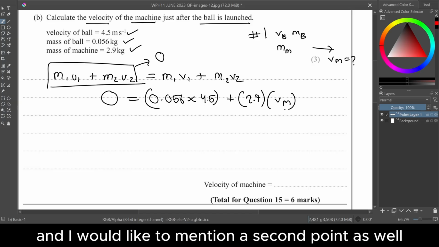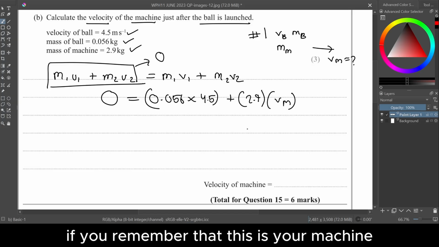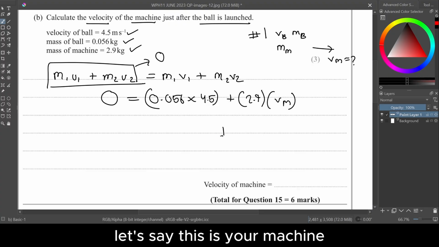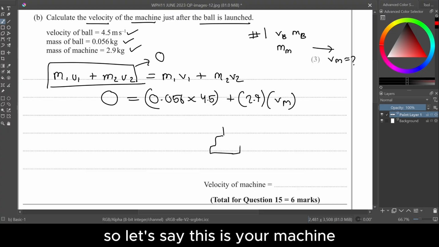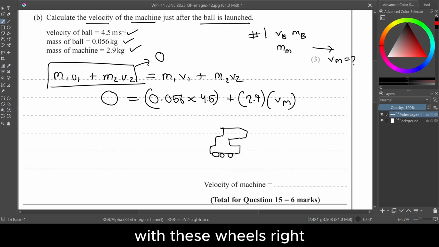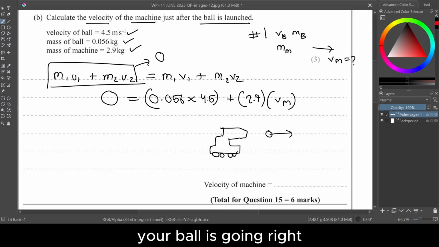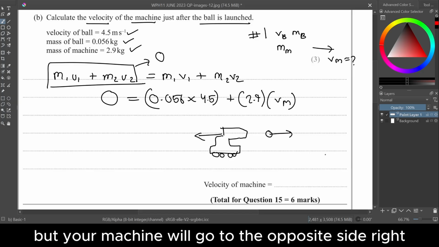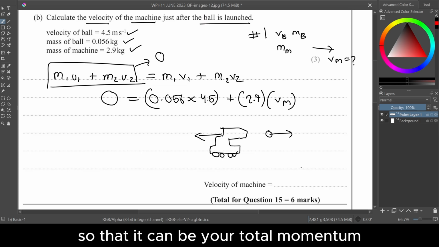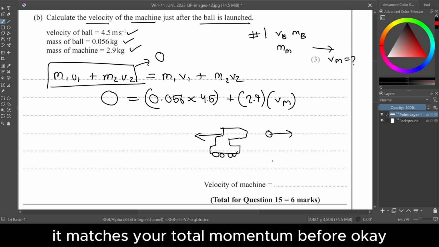And I would like to mention a second point as well. If you remember, let's say this is your machine. I'm not good at drawing, so let's say this is your machine with these wheels, right? And you draw this is your ball, right? Your ball is going right, but your machine will go to the opposite side, right? So that your total momentum matches your total momentum before.